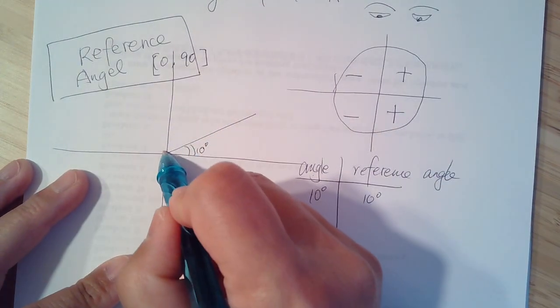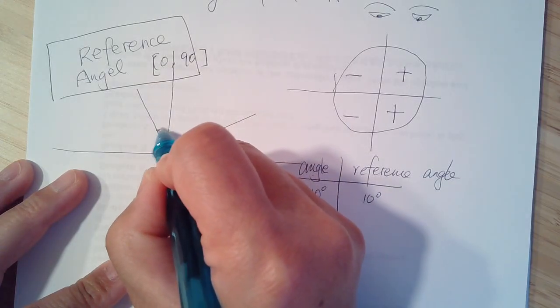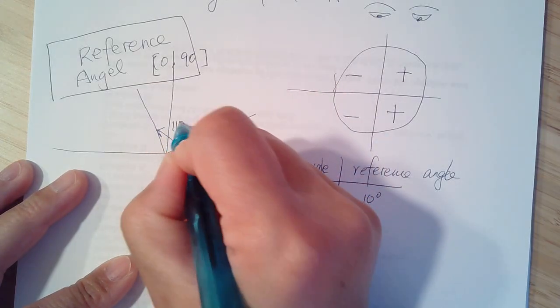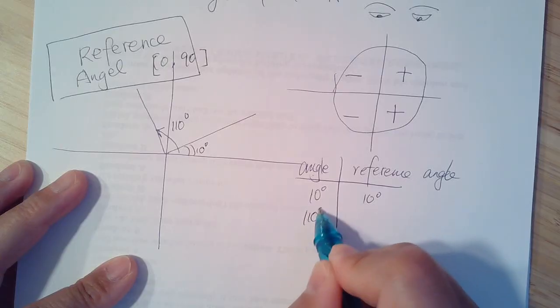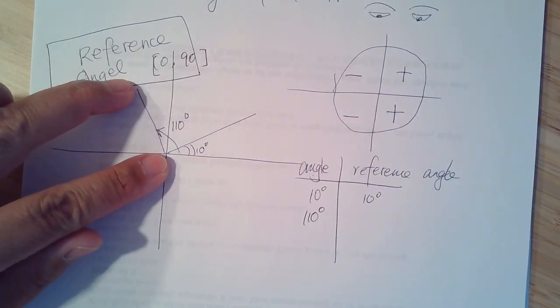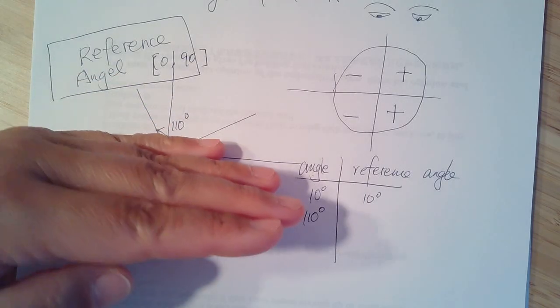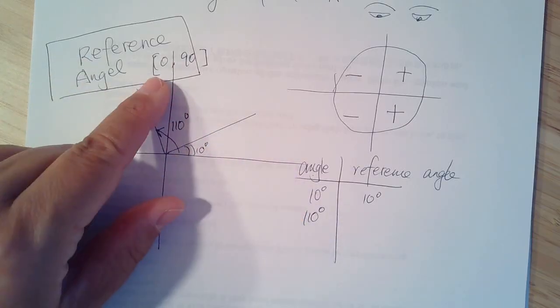If it's from here to here, if that is 110 degrees, then this is the terminal line, and we only talk about the reference angle, which is the angle between the terminal line and the x-axis. It has to be between 0 and 90.